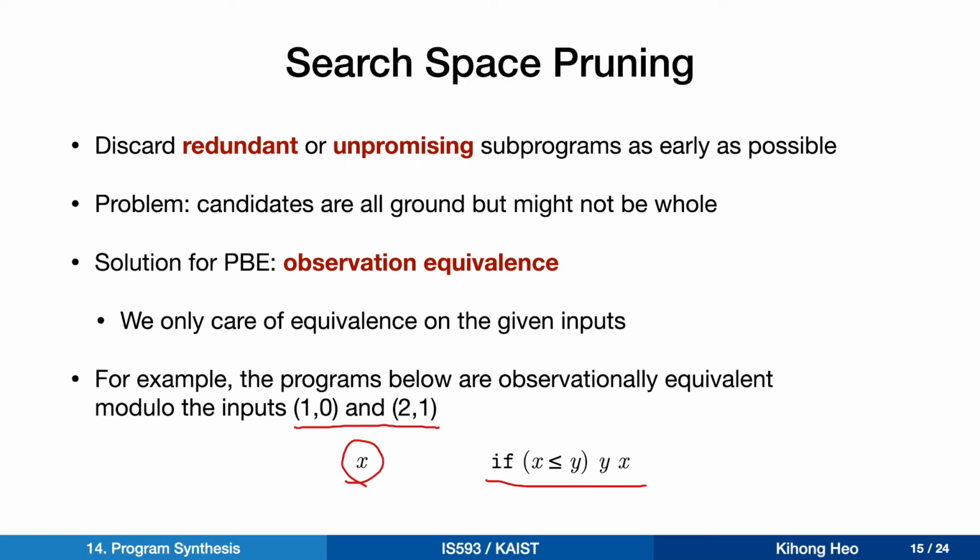Whenever this program is used in the solution, you can instead use the other program, because their observational behavior modulo these examples is the same. So these two are interchangeable. In this case, we can consider only one of them. That is a simple search space pruning technique based on observational equivalence.